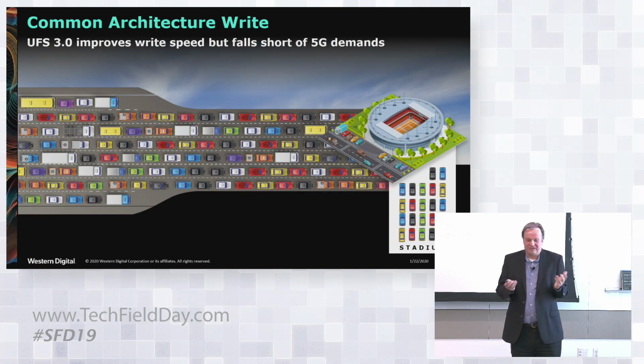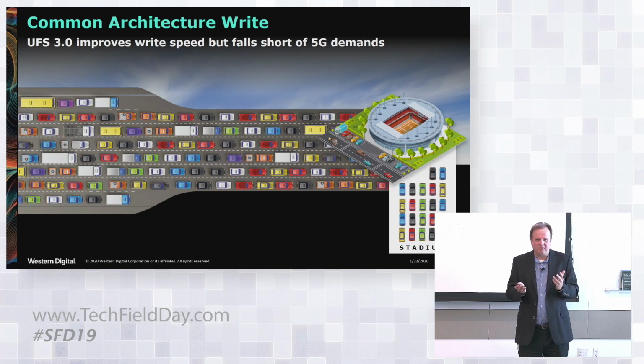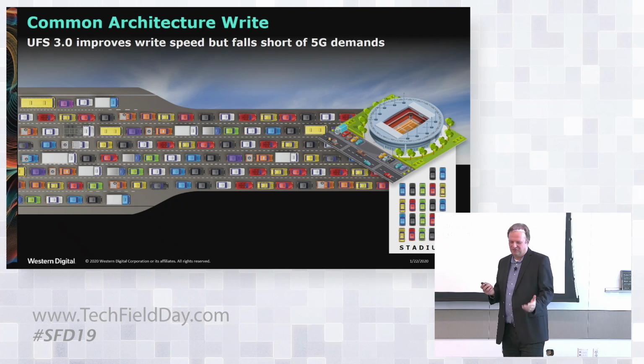With UFS 3.0, the write speed has gone up, but it has not gone up to completely max out that link. You're still limited by a UFS 3.0 controller to write the data to the devices. It's no longer just a small use case, whether it's the mobile phone or the car, but a vastly increasing use case. So better, but not the end solution.